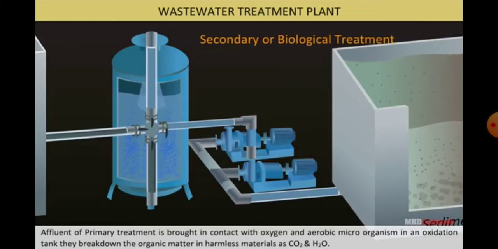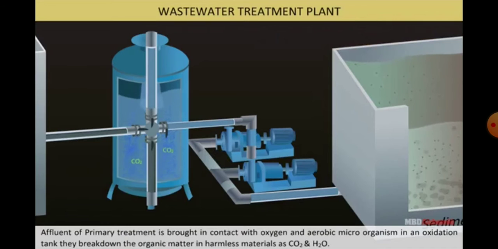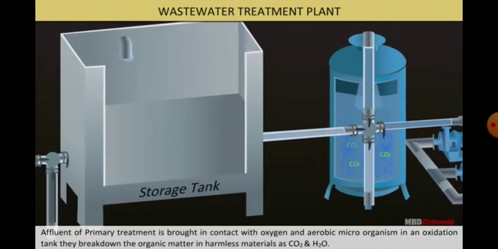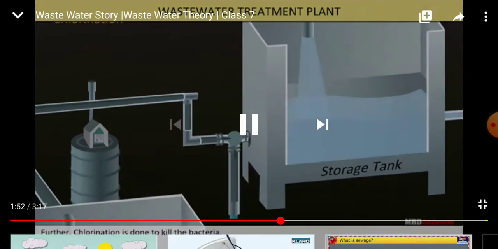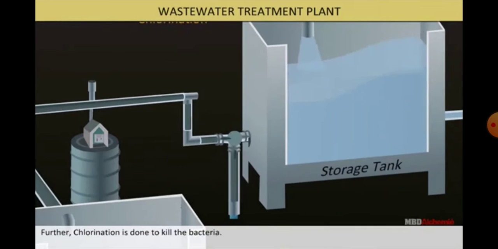Here you can see that this leads to growth of aerobic bacteria, and these bacteria decompose the suspended waste that includes domestic waste and other undesirable organic substances. Now it produces decomposed organic material which settles down at the bottom of the tank, and that acts as activated sludge.